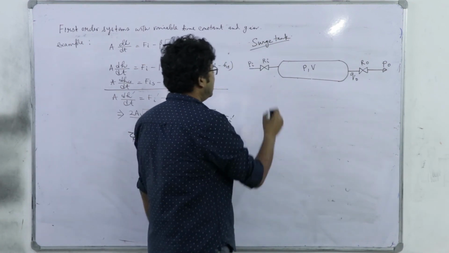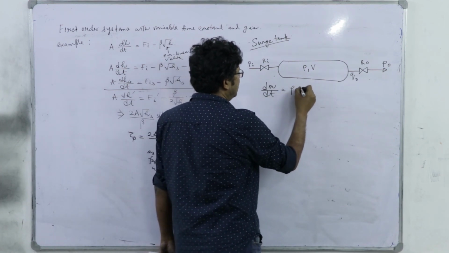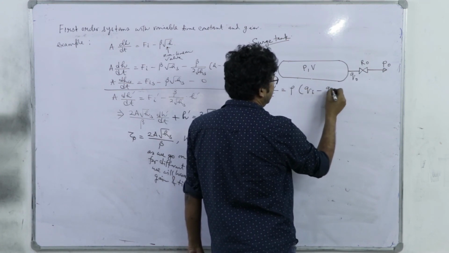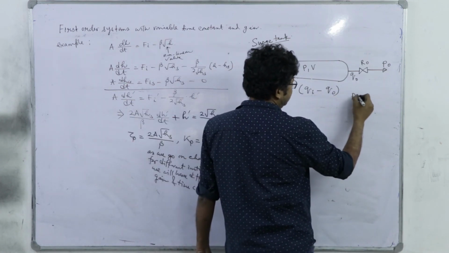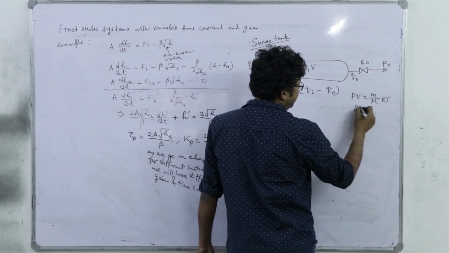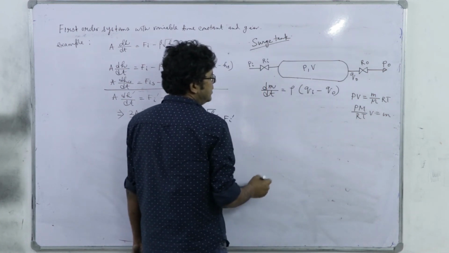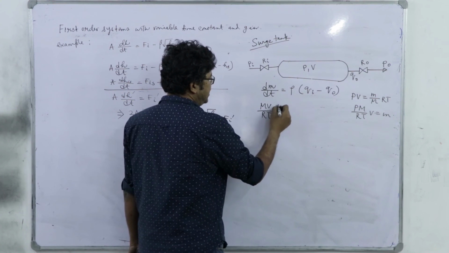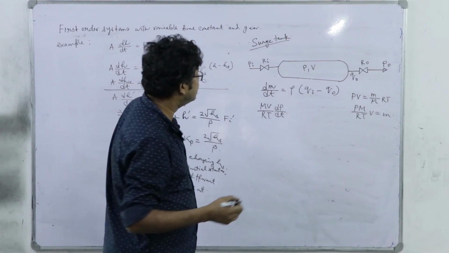If we consider incompressibility, dm/dt is equal to rho into (Qi minus Qo), and if you consider further the ideal gas, P equals m by M times RT into V, i.e. m. So V is constant, so we can have MV by RT dP/dt, the pressure dynamics in the surge tank we are trying to solve.